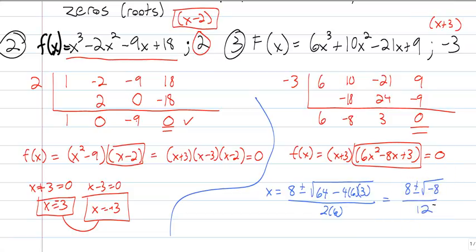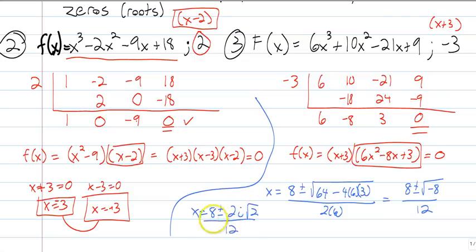Now, again, I noticed some of you guys would now cancel out the 8 and the 12. You cannot do that. If you have a plus or a minus on top, you have to have a number in front. You can't cancel unless you can split it into 2 fractions and cancel them both. Alright, but I can fix this, this is 2 root 2, but it's also an i. So it's x equals 8 plus or minus 2i root 2 all over 12.